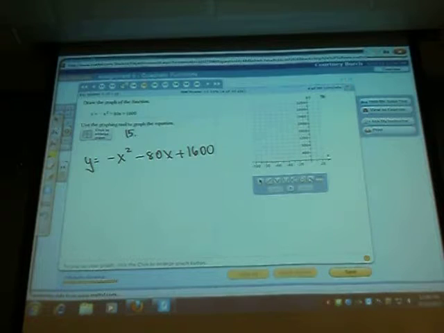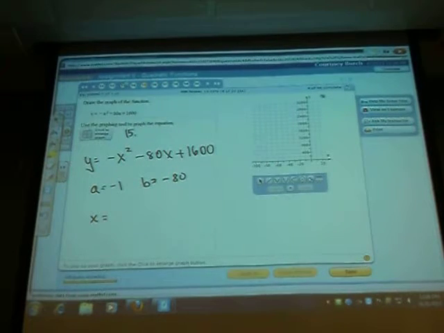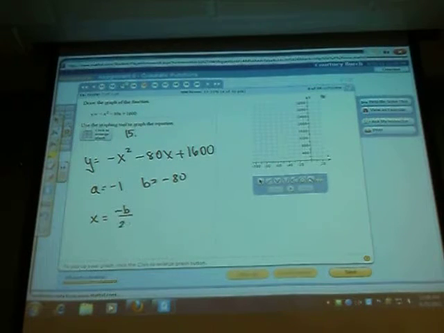So say you come out with a negative x value. Would that become then a positive? Hold on, let me see what you're talking about here. So my A is -1, my B is -80. Okay? So for my vertex, my x, I'm using -b/2a.